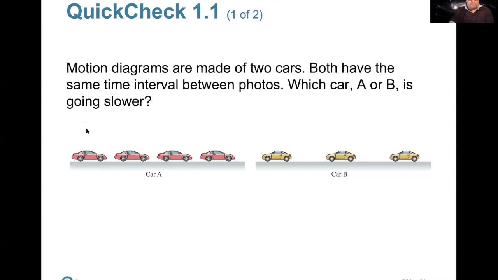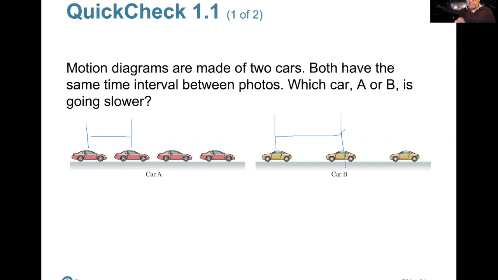The distance between this one and this one is about that far. And if we draw the distance between this car and this car, it's much bigger. So it looks like between photos, the yellow car has moved more than the red car.